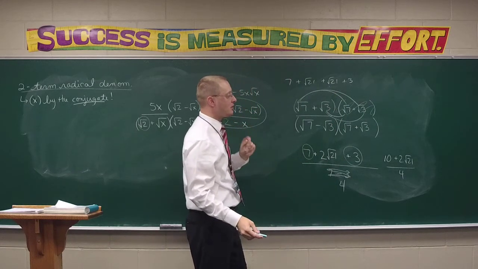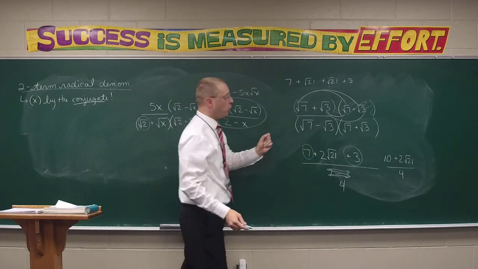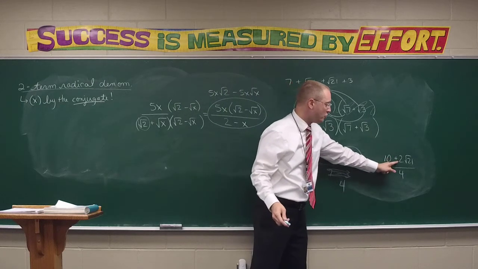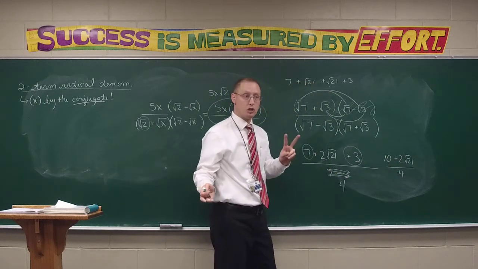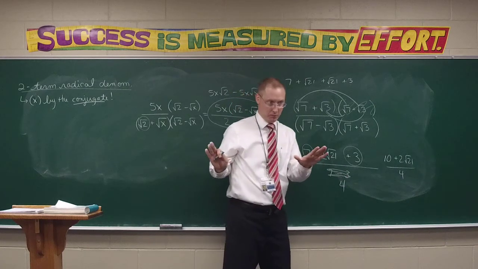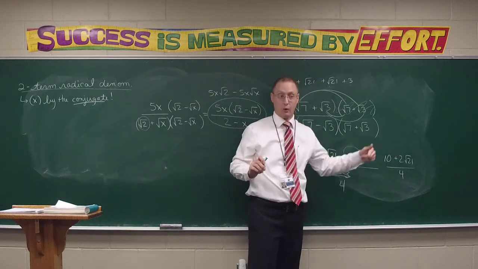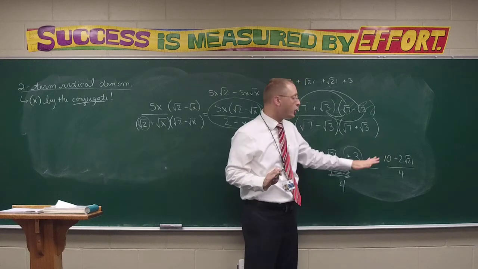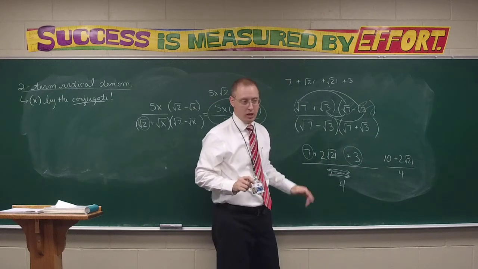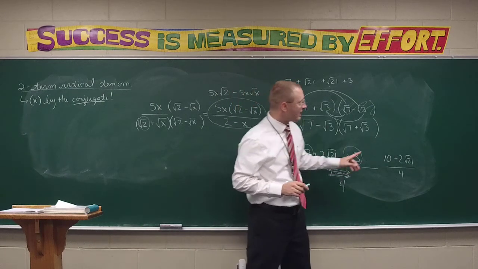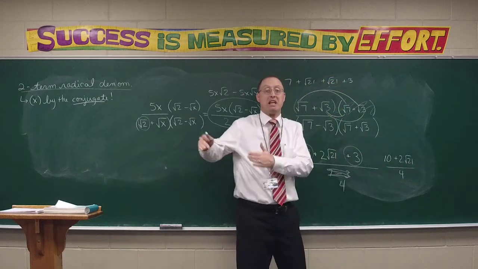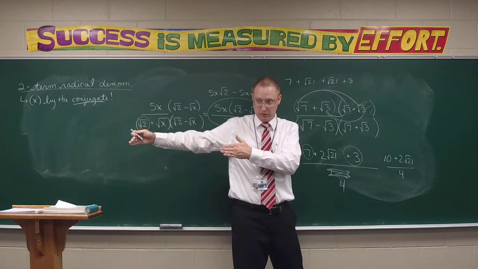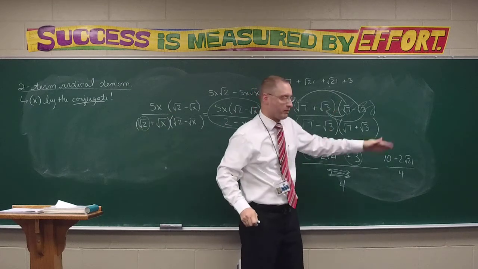But I'm not done yet. What could factor out of the numerator that could cancel with the denominator? Class? A 2. Now, strategy tip. We're lazy, right? I could factor out a 2, agreed? And then I could cancel the 2, correct? Or there's a shortcut. If you realize that every single term in a fraction has a 2 that could be factored out and canceled, the shortcut is just take the 2 out of every term individually.